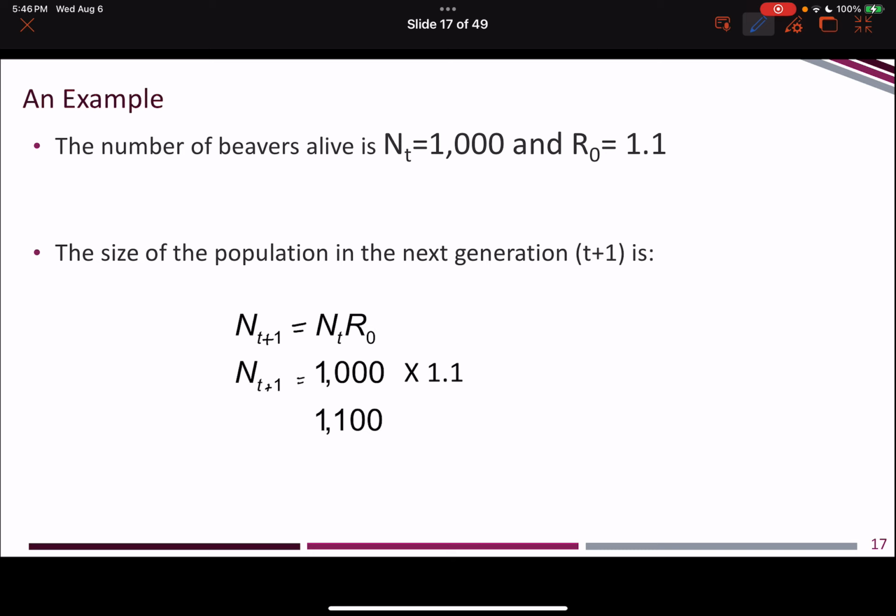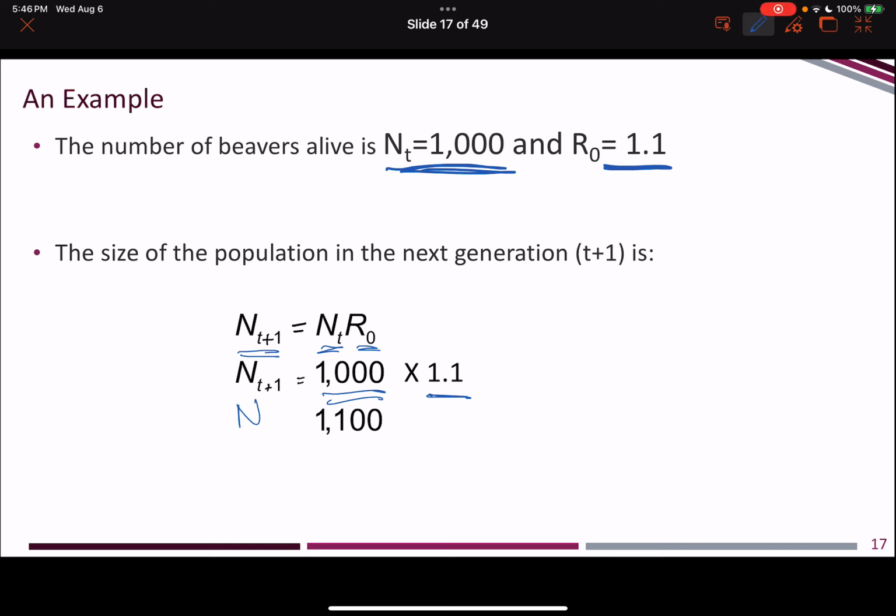For example, if we use beavers again, because we started out with our life history of beavers, if we want to predict the number of individuals in the next generation, we're going to take our current number of individuals times their reproductive rate. So our number of individuals in the next generation is going to be equal to the current population times their reproductive rate.